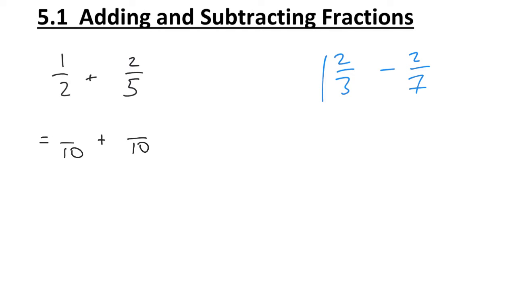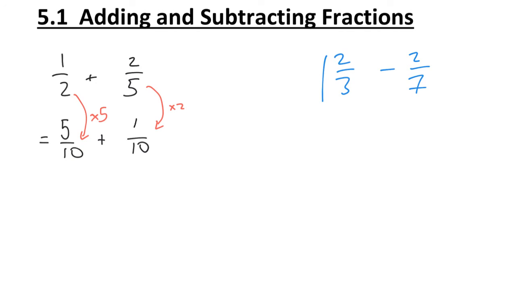And what we look at is how we get from 2 to 10. To get from 2 to 10, we multiply by 5. So we need to do that in the numerator as well. If we multiply the numerator by 5, we get 5 tenths. For fifths, to get from 5 to 10, we multiply by 2.